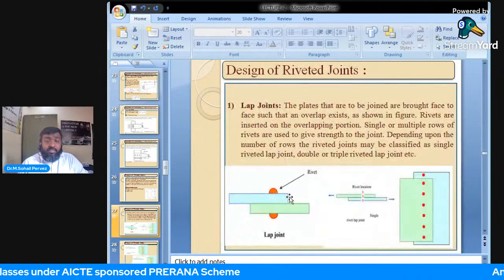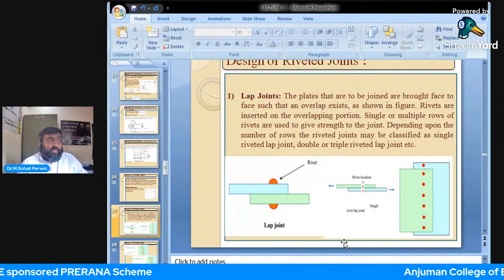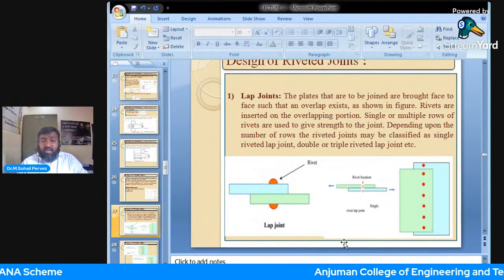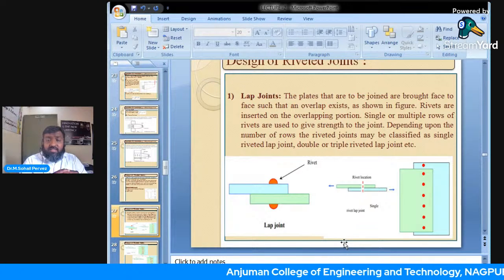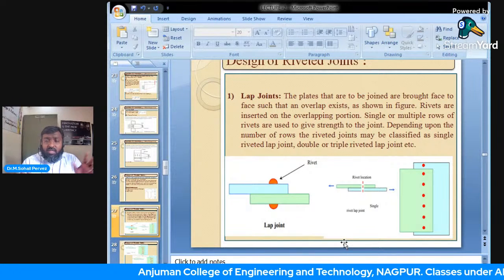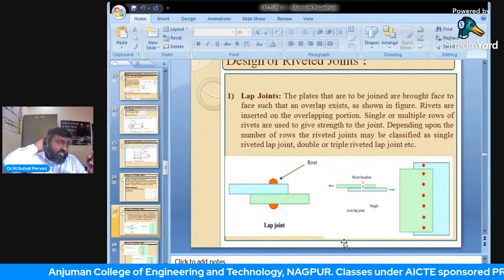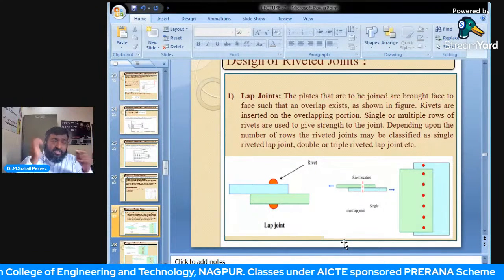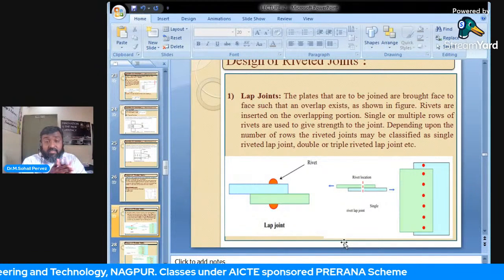Next one, lap joints. My dear friends, we will cut down all this introduction part for welded, because similar is the case and similar are the joints. We will directly discuss the stresses point in welded, the last one.